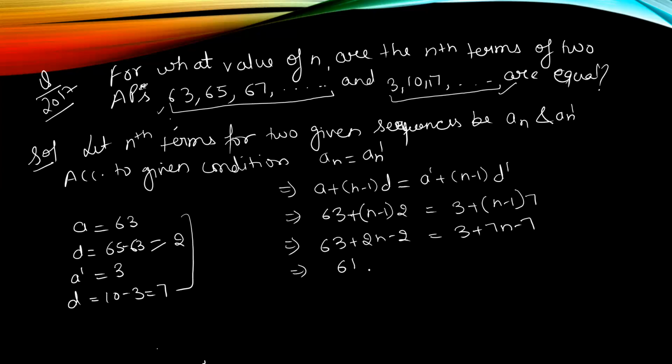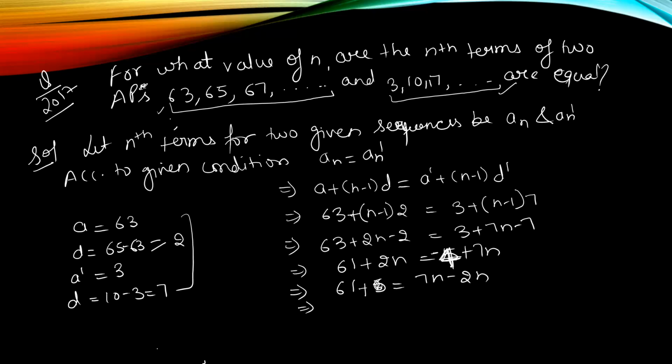We get 61 plus 2n equals 3 minus 7, that is minus 4, plus 7n. Further, 61 minus (minus 4), 7n minus 2n. What is it going to be? 3 minus 7 becomes minus 4, right?